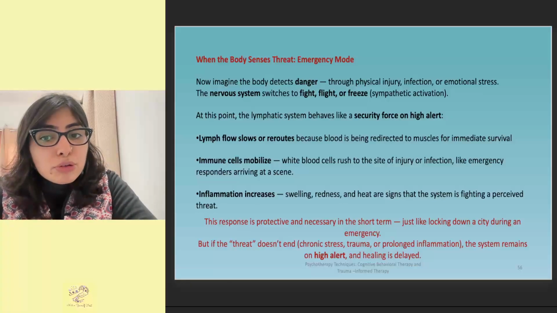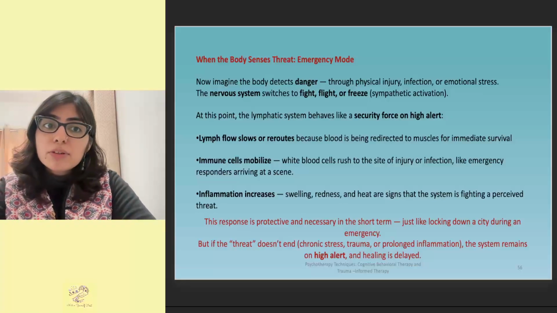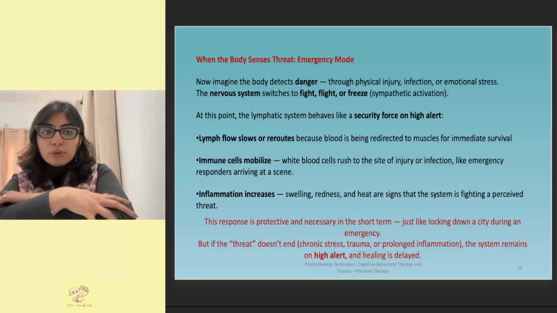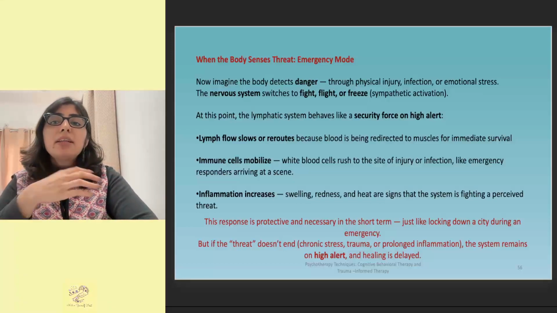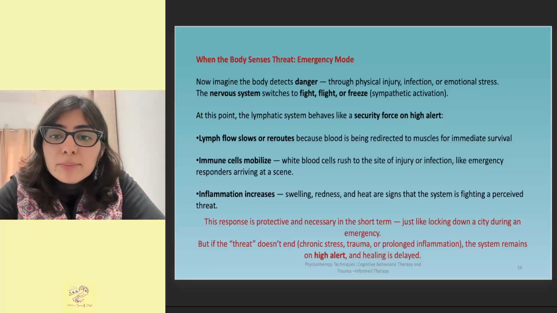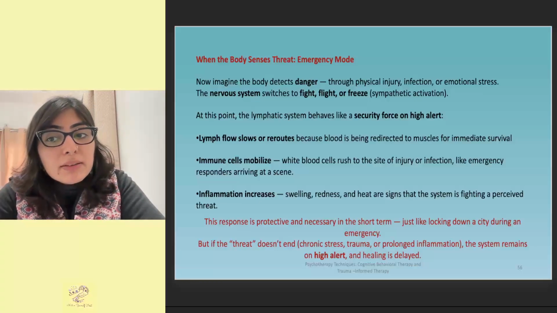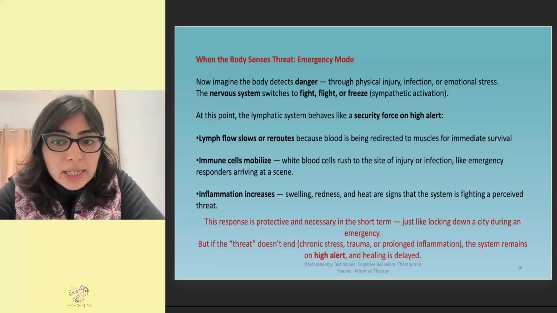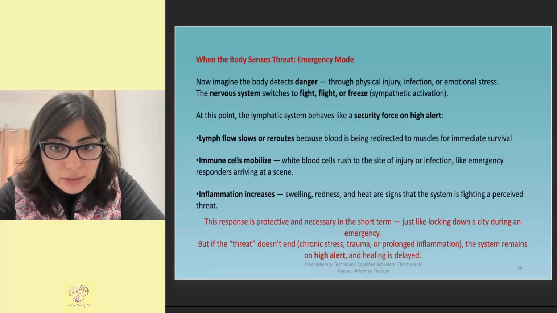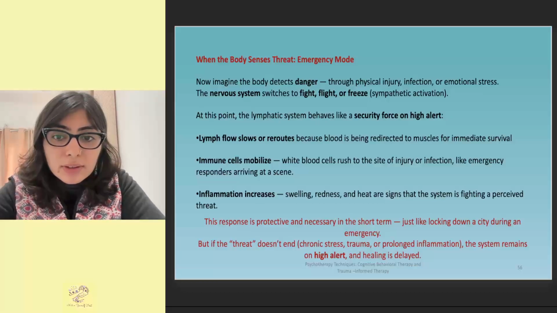So lymph flow slows or reroutes. Reroutes as in the blood will flow more in limbs, so the lymph flow will also happen in the limbs. Limbs as in arms and legs. Because blood is being redirected to muscles for immediate survival. Immune cells mobilize, white blood cells rush to the site of injury or infection, like emergency responders.